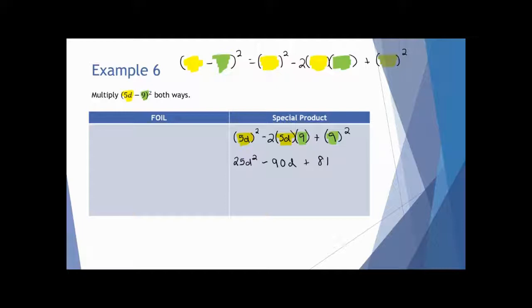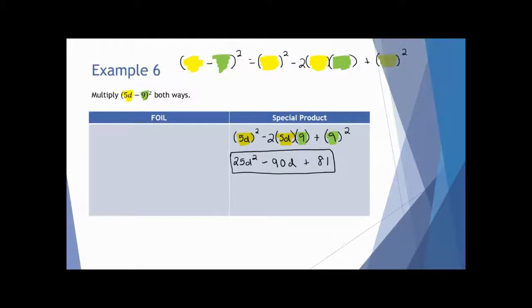So I get 25d squared minus 90d plus 81. And that's using the shortcut there. And just plugging in my expressions, the 5d and the 9, into their matching areas to follow the pattern, and then using the rules of exponents on them.